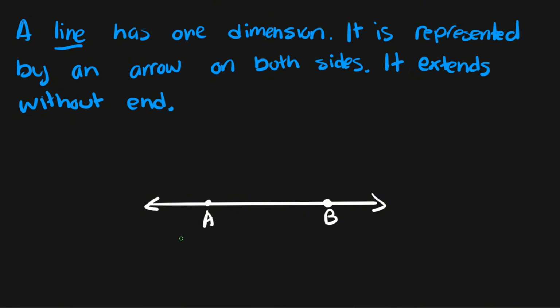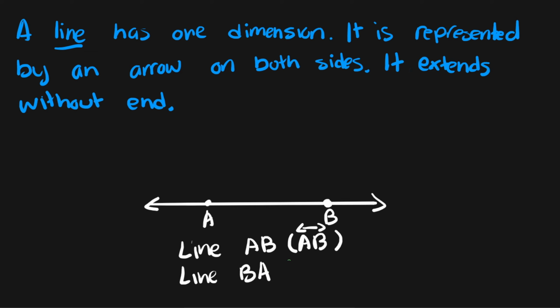So you could call this line right here line AB, or if it's just quicker, you can put it like this. So you put a line above with 2 arrows, right? You could call it line BA from right to left, or just BA with the line on top.